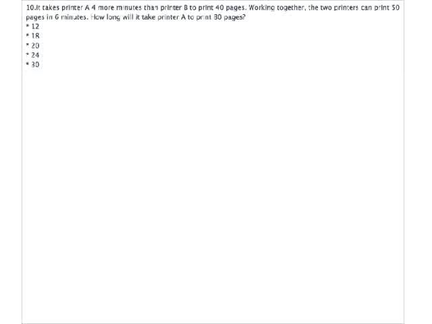Notice you can't do the third grade method here because you don't have given rates. But what can you do as a backup method? You can use the answer choices.